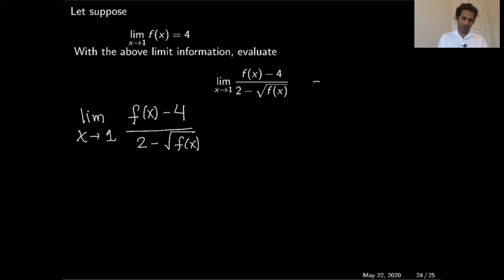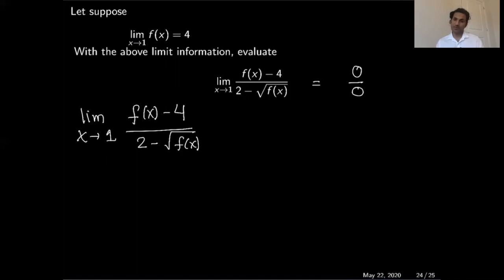As you can see, if I plug x equal to 1 in the top and bottom, I will get a 0 over 0 form. This tells me that there is 0 in the denominator, and there is some factor hidden, maybe f(x) equal to 4 in the top and bottom, which we need to cancel out.